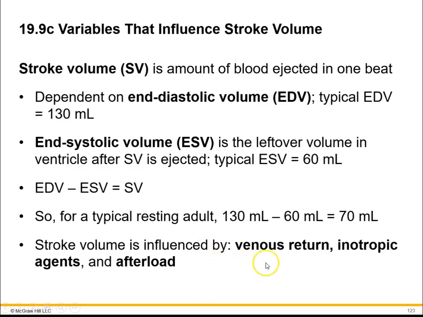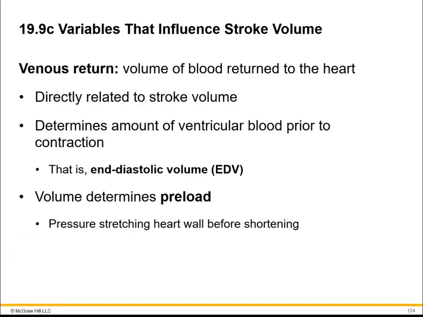Stroke volume is going to be influenced by a variety of things, including venous return, inotropic agents, and afterload. Venous return, this is the volume of blood that is returned to the heart. It's directly related to stroke volume. So the higher the venous return, the greater the stroke volume.